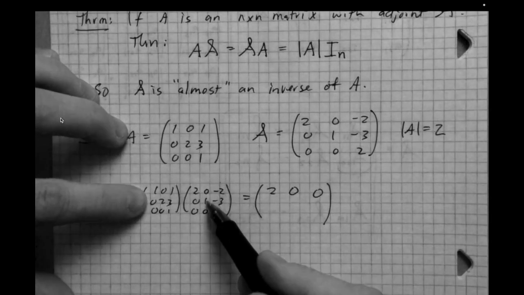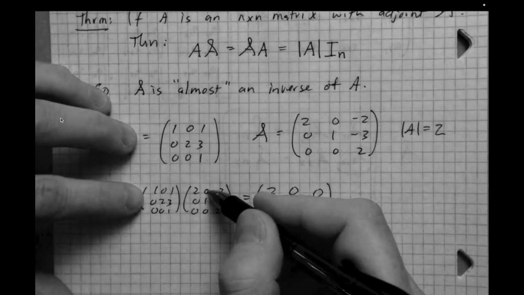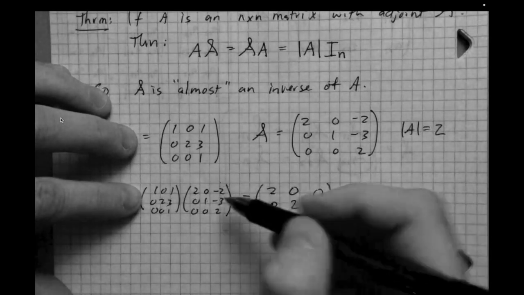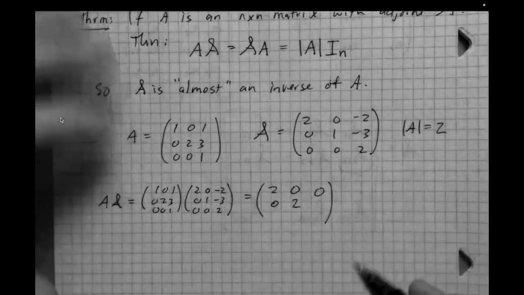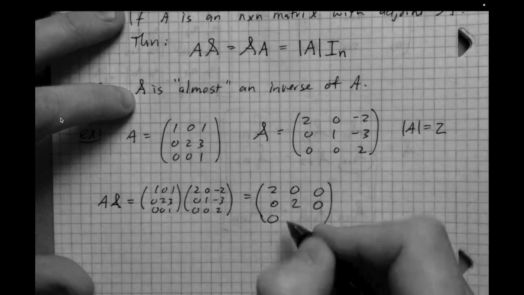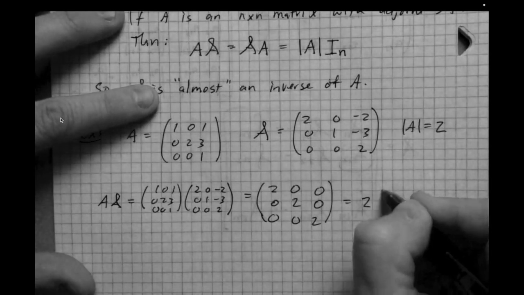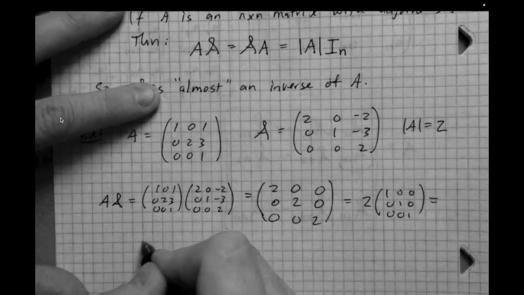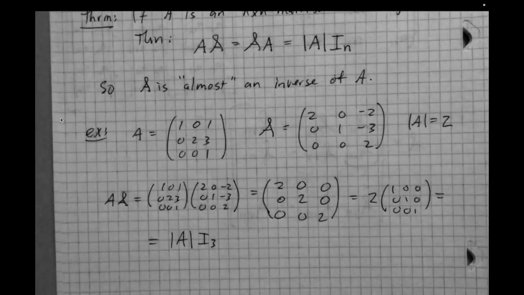Okay, 0 plus 0 plus 0, and then 0 plus 2 plus 0, and then 0 minus 6 plus 6, so another 0 there, and then you can see where this is heading, right? 0, 0, 2, which is equal to 2 times 1, 0, 0, 0, 1, 0, 0, 0, 1, which is the same thing as the determinant of A times the identity matrix.